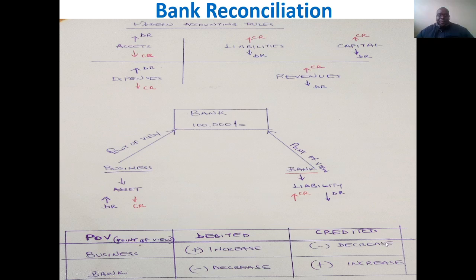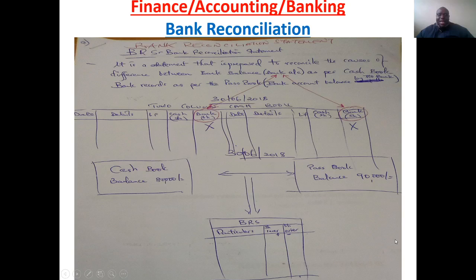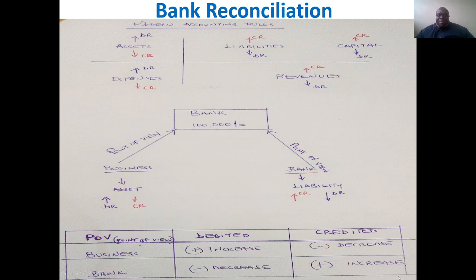And when money flows out of the business, we record that decrease on the credit side of the bank account in the cash book, this side. But the bank will record on the credit side an increase in money because we are increasing the liability.